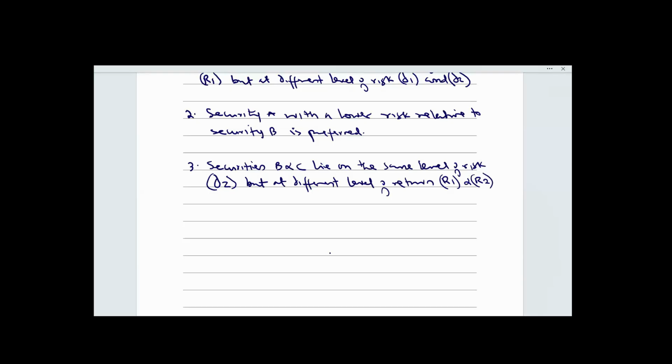Okay. Point 4. Security C with a higher level of return is preferred over security B.